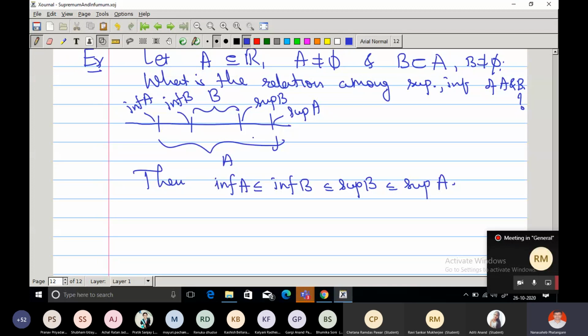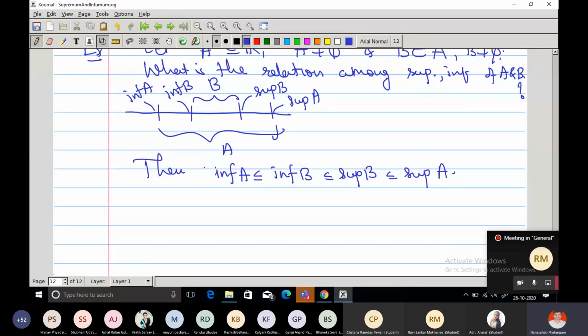This picture is simple, but in any case this is going to happen. If you take A as an interval and B as a smaller interval, it is easy to see, but your sets might be very complicated. In that situation also it is going to happen.